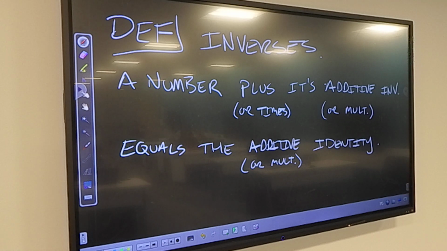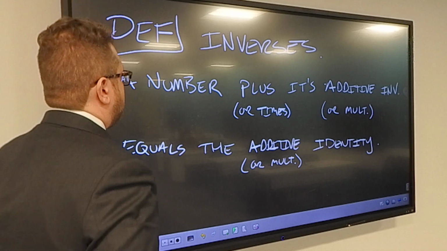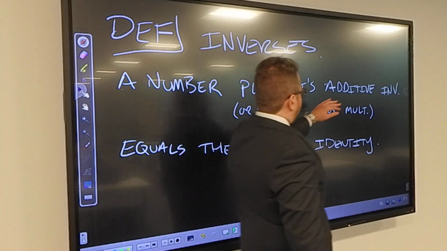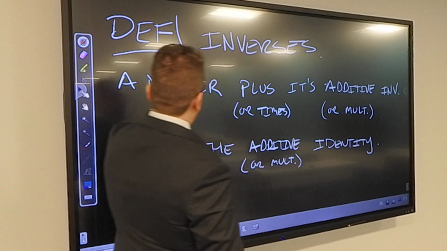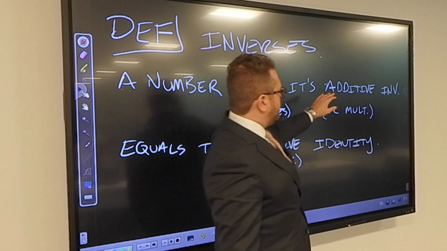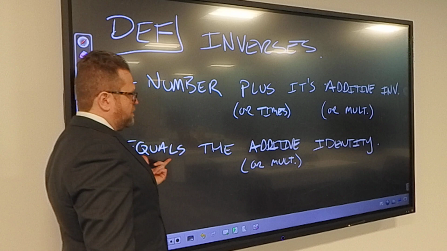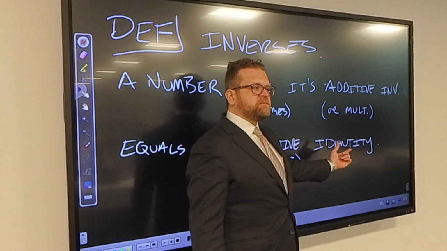An inverse, every real number has an additive inverse. No matter what number you pick, there's going to be another number called the additive inverse, such that when I take your randomly selected number and add it to its additive inverse, I will get the additive identity.